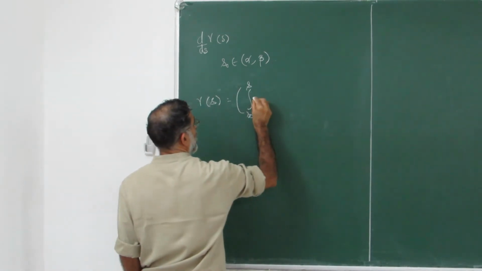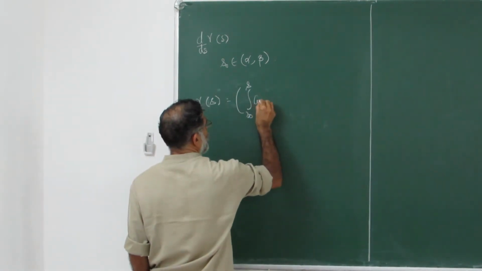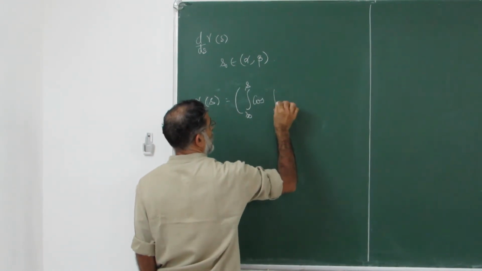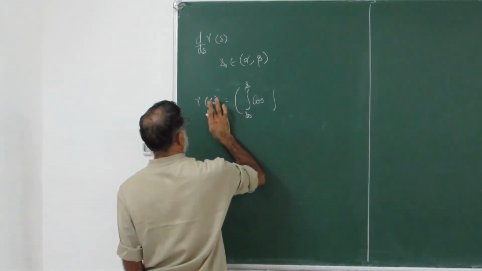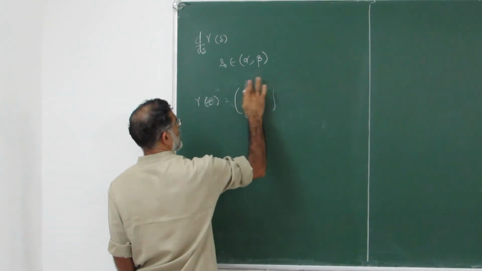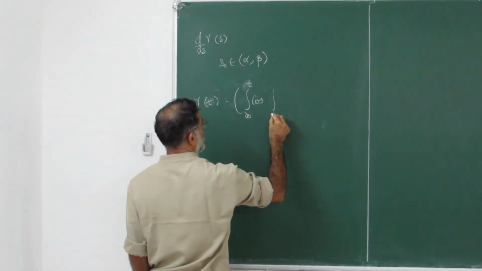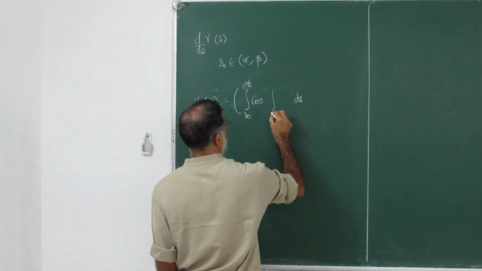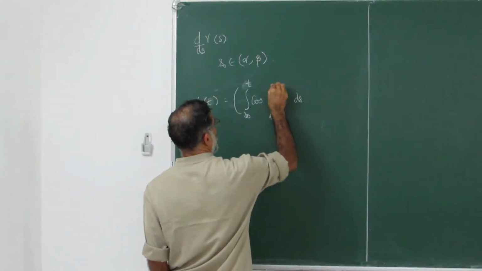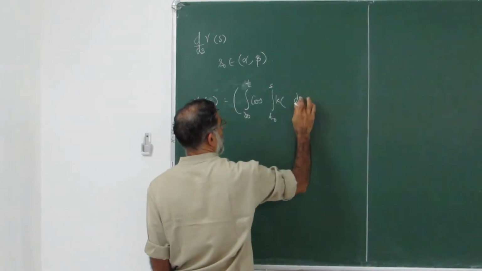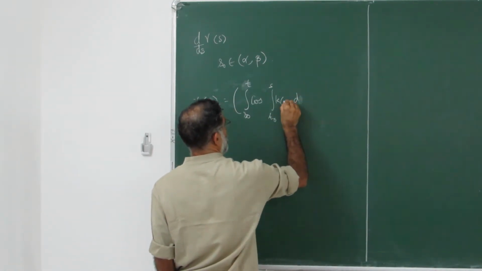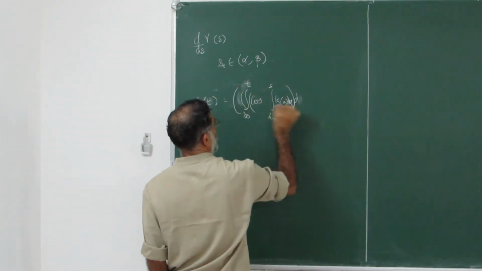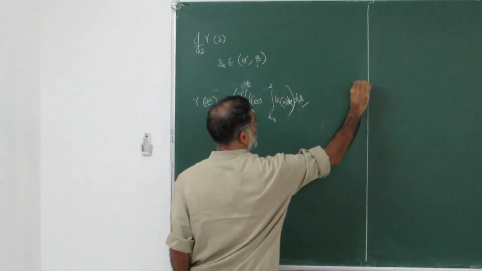whatever that expression is, which is something like cosine of something, integral from t0 to s of k(u) du, ds, and similarly the second expression.